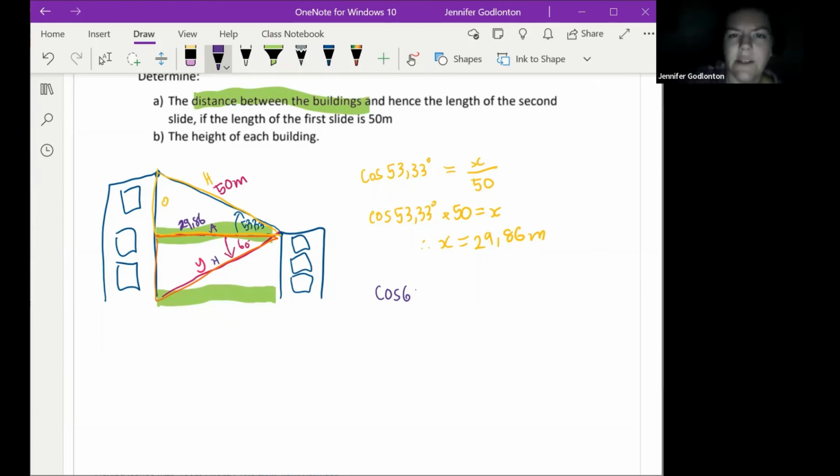Sorry guys, my screen seems to be frozen. I might be having internet issues. Give me a second. Oh, guys, I'm sorry. She's run off again.